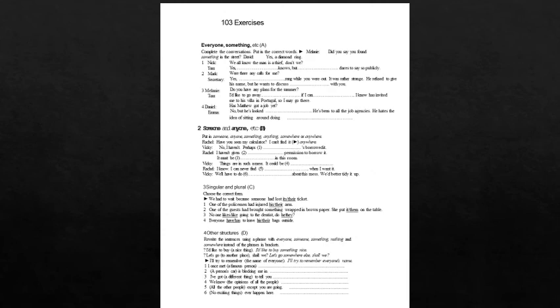Number 5: All the other people except you are going. All the other people except you. So only one person is being left out, but all the rest of the people are going. It means that the helping verb that is used here is that of plural.